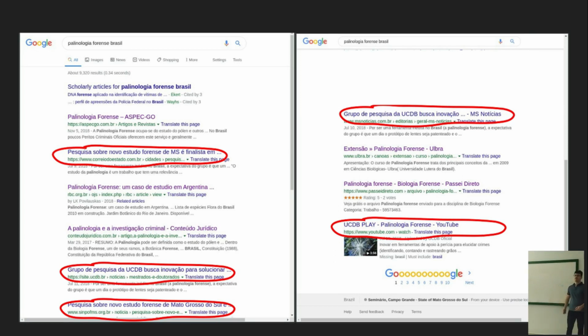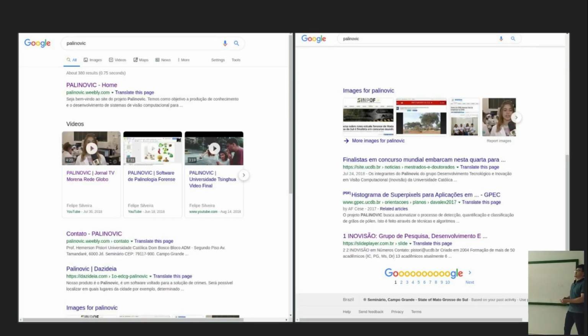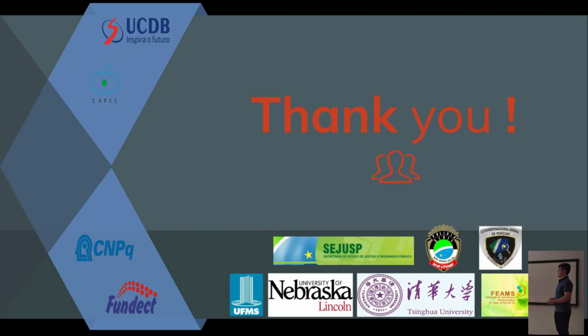We are starting the new era of forensic palynology in Brazil because half of them are from us, and the other half is just saying what palynology is. It's not showing a new innovative idea. So we are the pioneer group coming with this innovative idea, not just here in Brazil, but in our world. And if you search Palinovic, all of the results, 10 results on the first page, are from our group. Thank you.